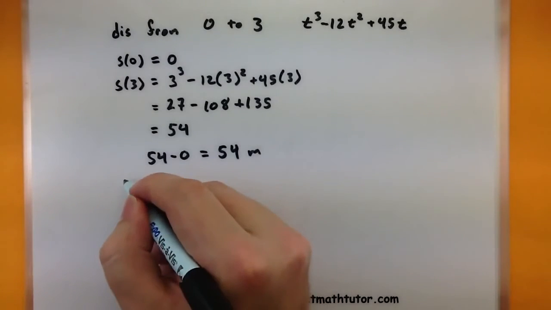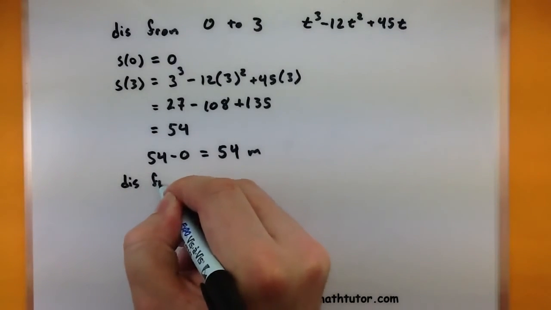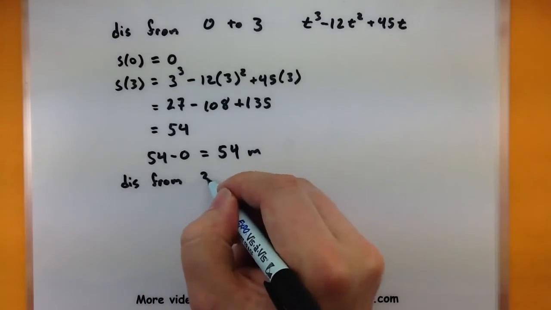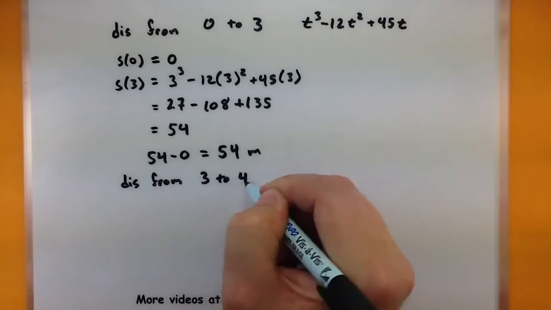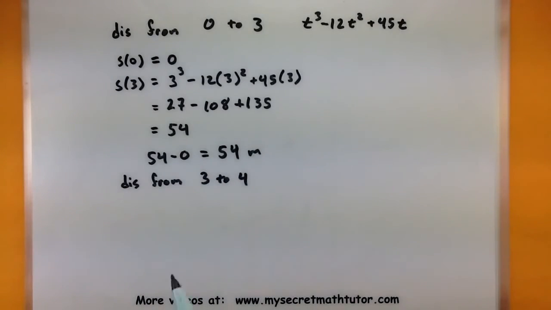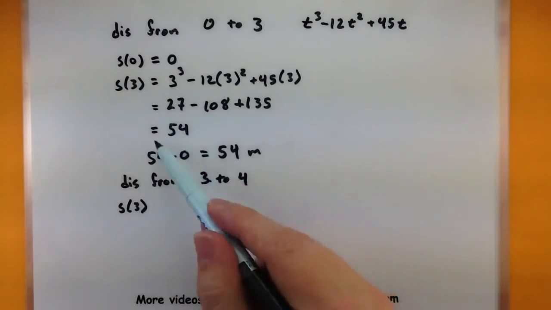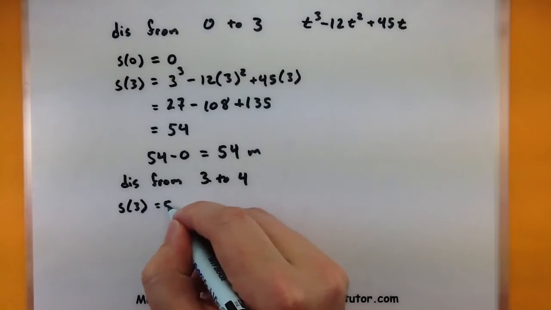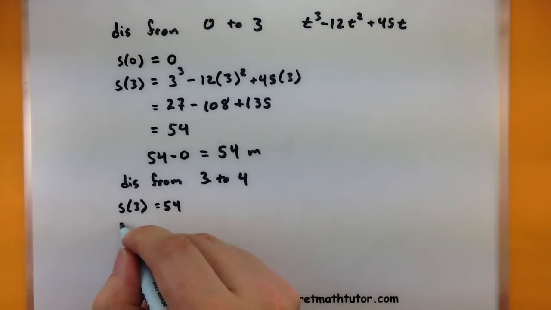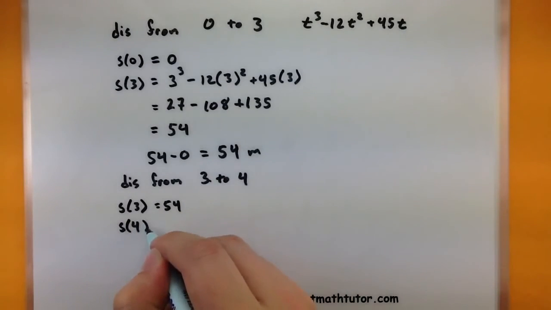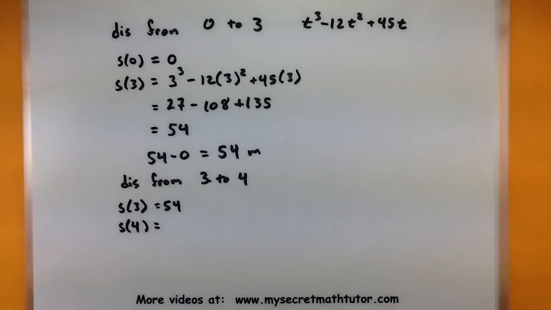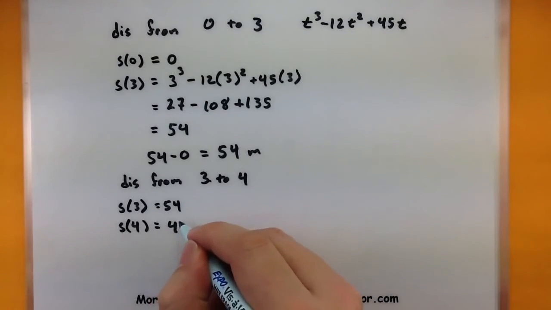All right, now let's go ahead and do the distance from 3 to 4. So we would want to look at what is the position at 3. And fortunately, we've already done that up here, so that was 54. And we'll also look at the position at 4. So this one does require a little bit of work. Let's go ahead and plug in that 4 and see what we get.